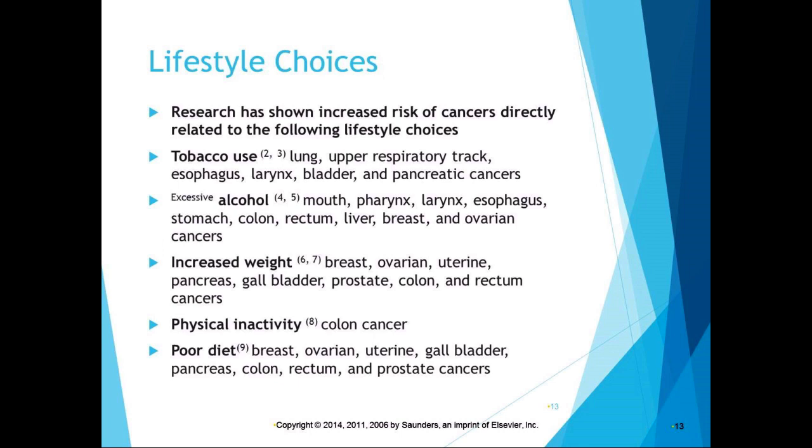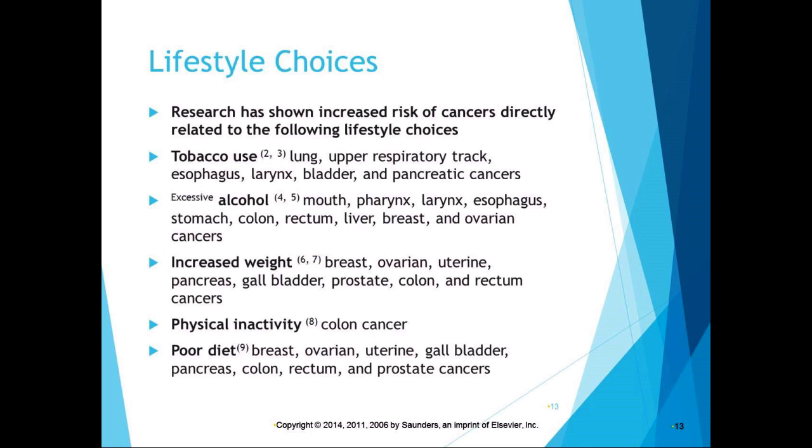Lifestyle choices: lots of research has shown the increased risk of cancer is directly related to tobacco use. Lung cancer, upper respiratory tract, all those other ones listed. Excessive alcohol use, a bunch of them listed there. And I have references listed at the end of the PowerPoint if you want to read up on those. Increased weight has a directly related cancer risk on those systems.